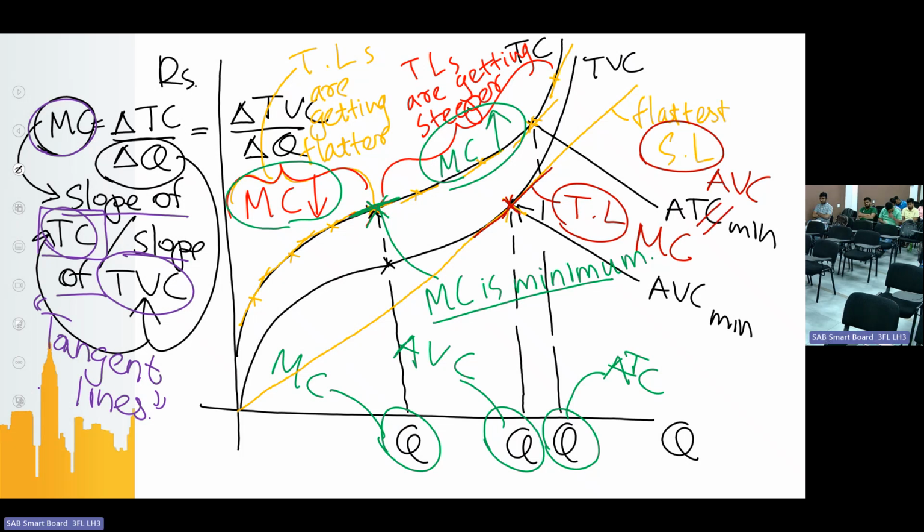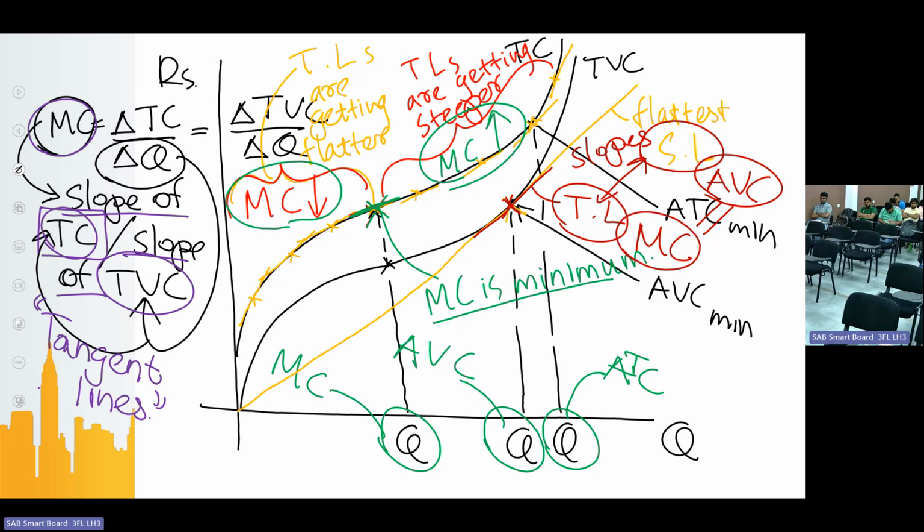The straight line's slope measures ABC, the tangent line's slope measures MC.